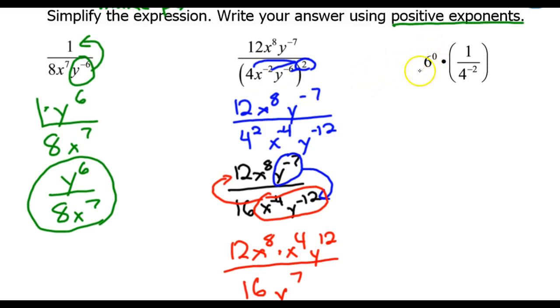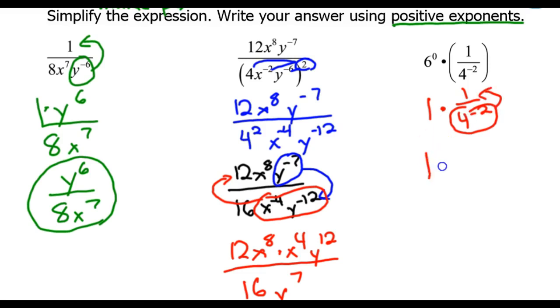Here we have 6 to the 0 power. Anything to the 0 power is going to give me 1. Anything that you see that has a 0 exponent is going to give you 1. So what we have then is 1 times 4 over, or 1 over 4 to the negative 2. Now I see a negative exponent, so what I'm going to do is move that up and make it positive.